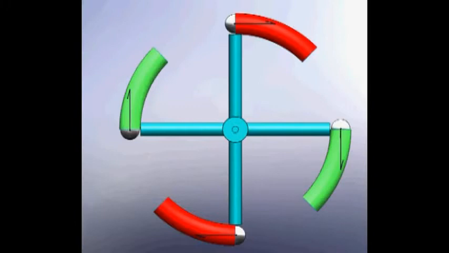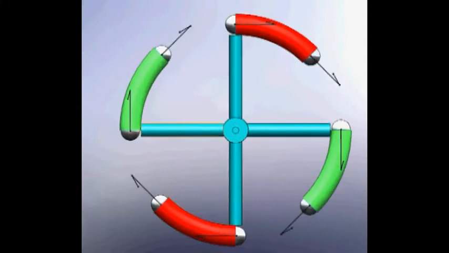So here we are looking at the front view of the deflector, and you can see each ball just about to enter its respective tube, and these black arrows represent the velocity vector at the point of entry. And now I'm showing the balls leaving their tubes with a new velocity vector.